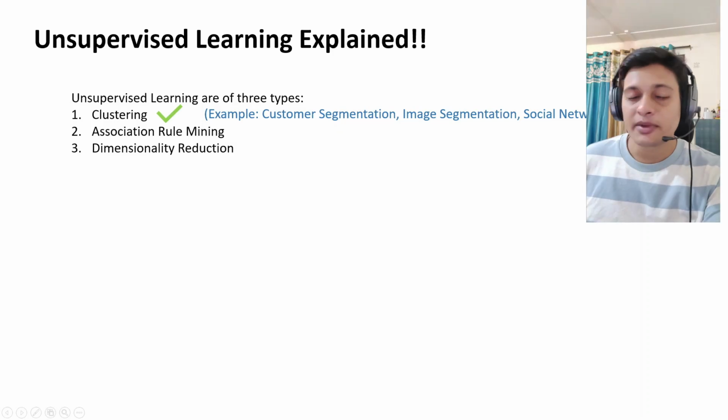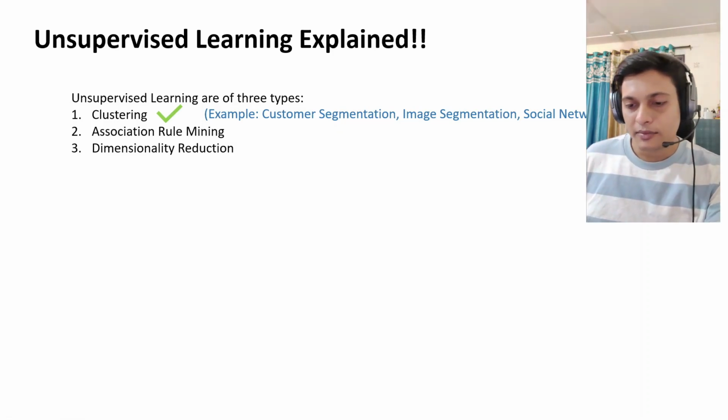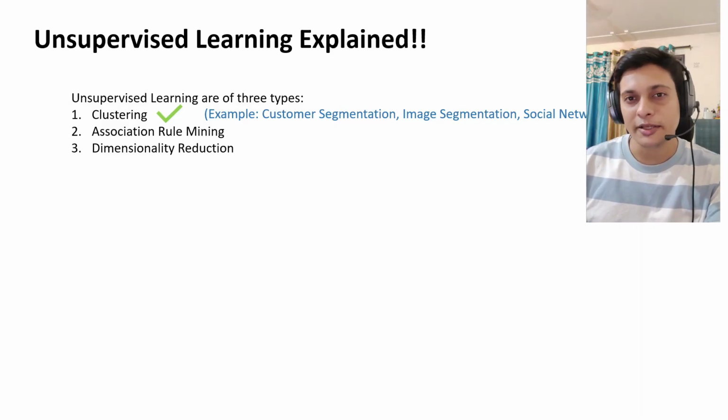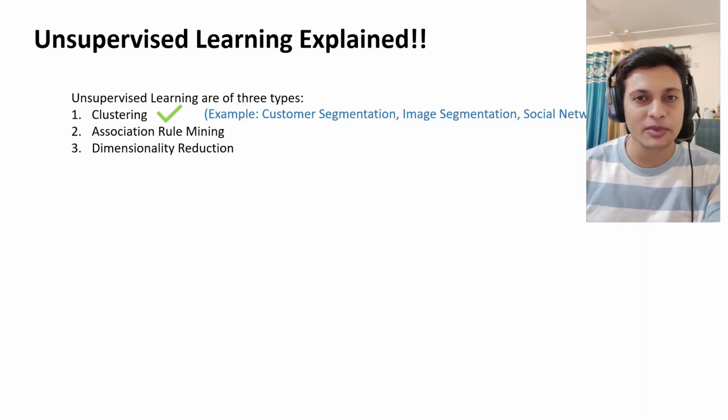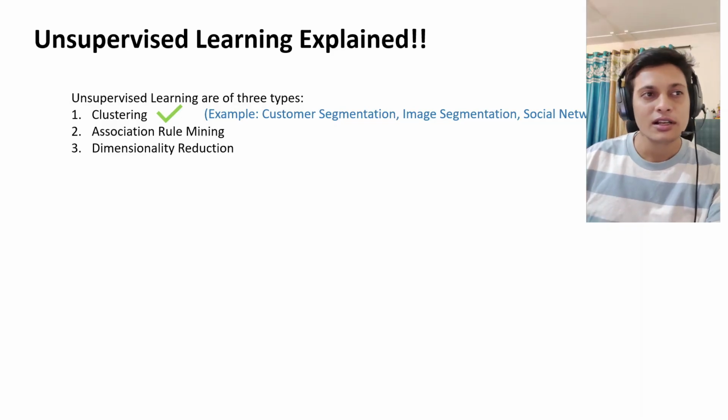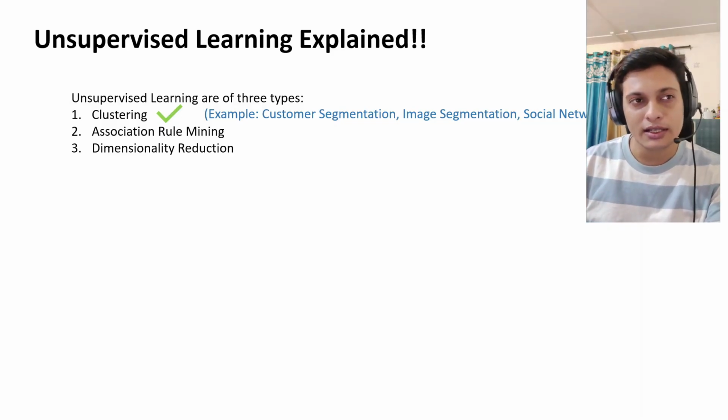Another is image segmentation. You have an image. Nowadays you see that inside an image there are multiple products, and your application is able to provide the price of that particular product. Let's say you have just posted a picture online.